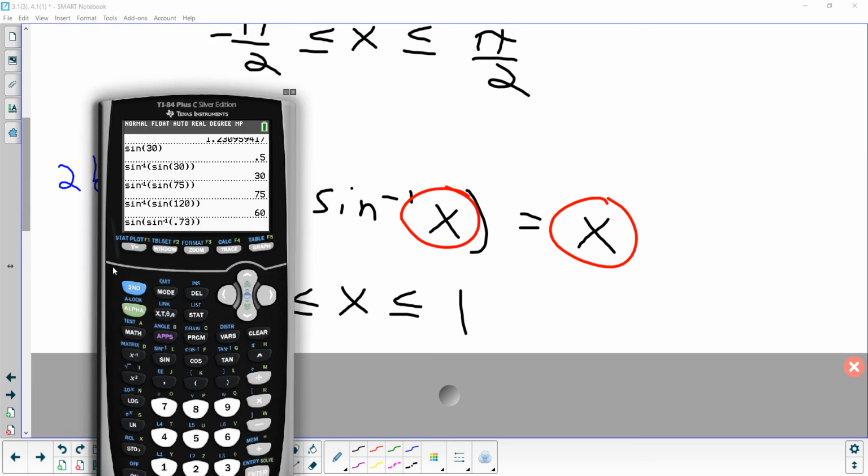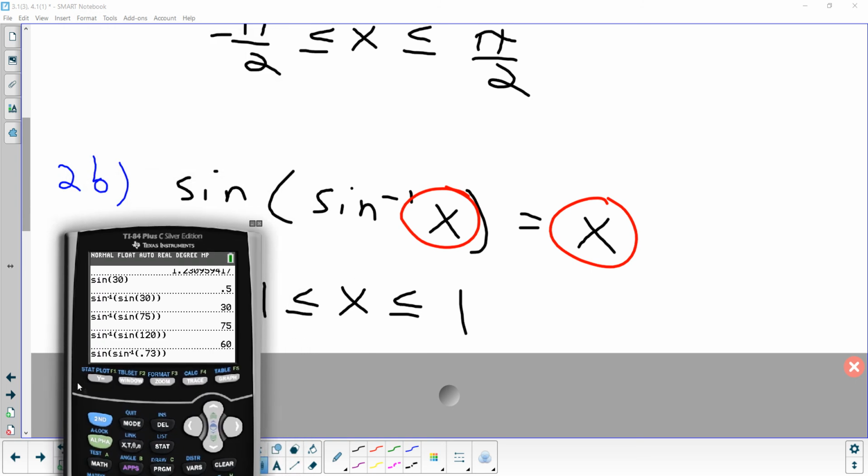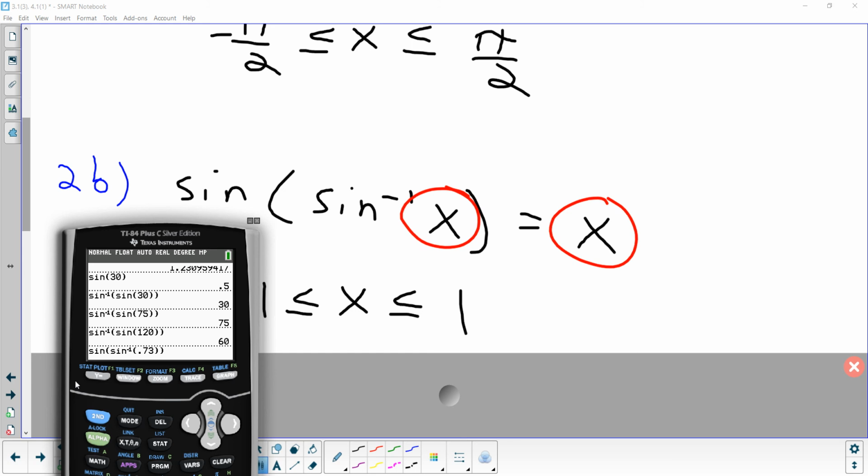So what does that formula say we're going to get? If you plug in x, you would get back x. What did I plug in?